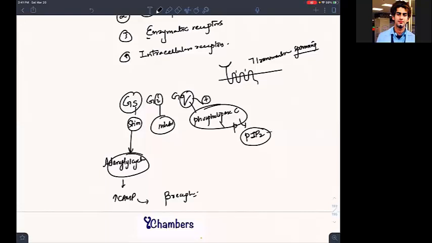This PIP2 is broken by phospholipase C, PLC in short, to produce two things, IP3 and DAG, diacylglycerol and inositol triphosphate. These are the two things done by phospholipase C.